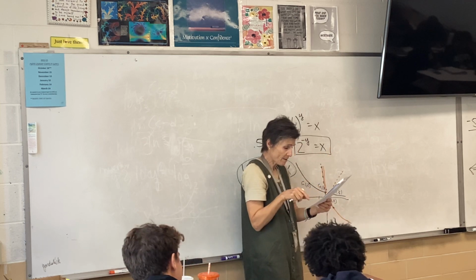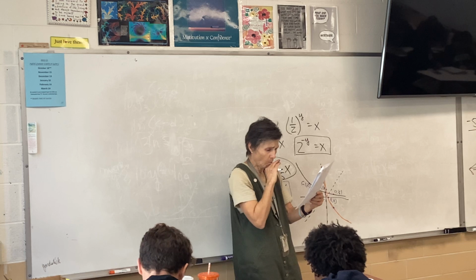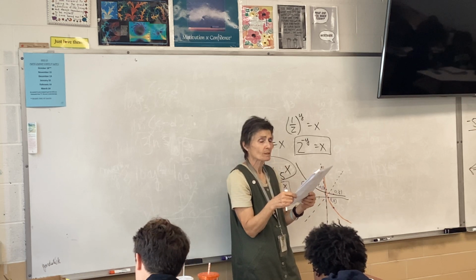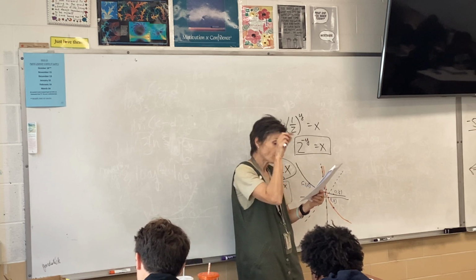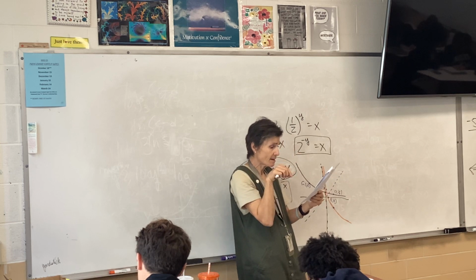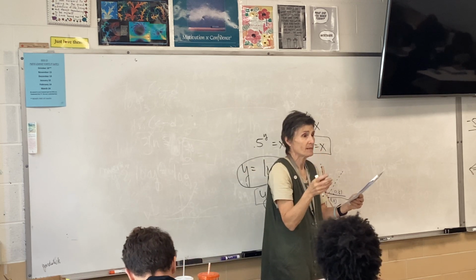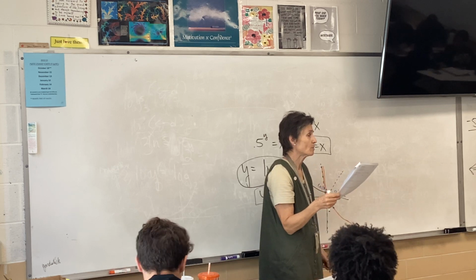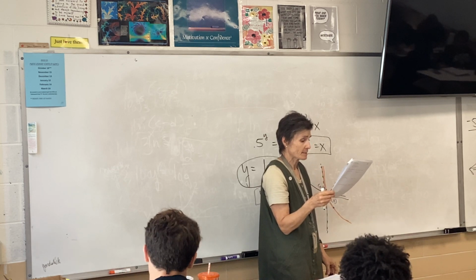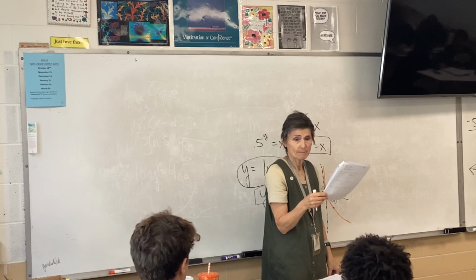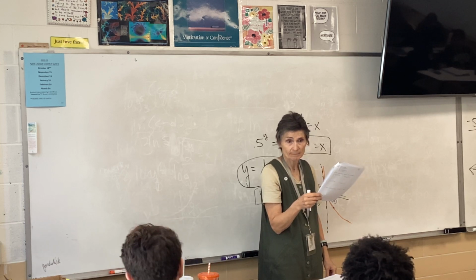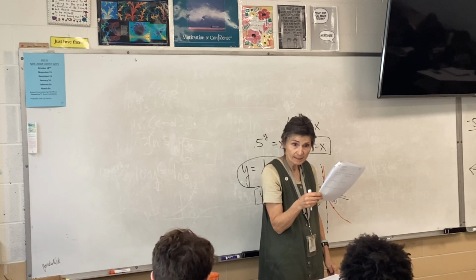So I think 45 is which one? D? And if 45 is D, then 43 has to be the only thing left, which is B. It has the asymptote at 2, and has got some flipping around going on because of the negative x. Easy enough?